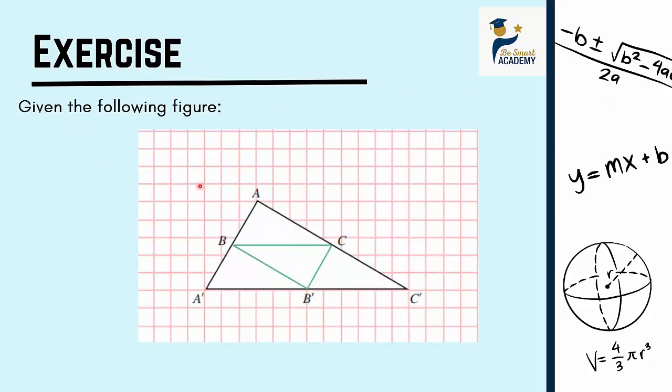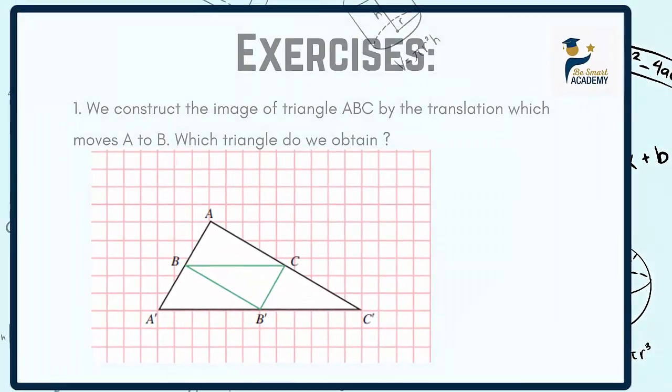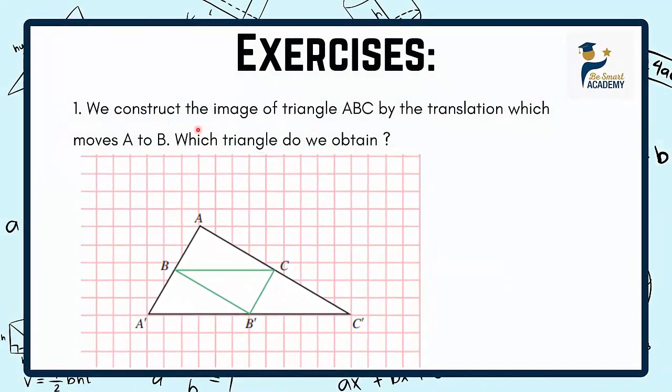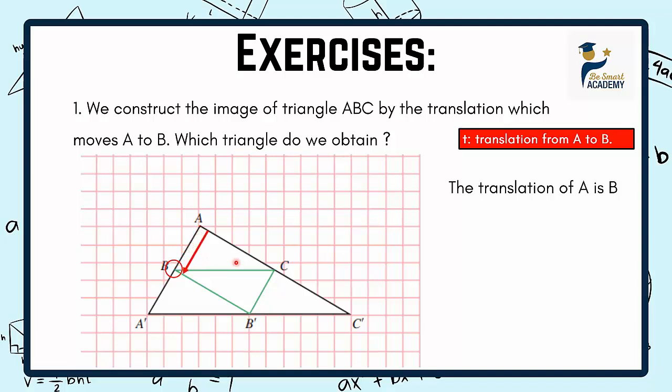Exercise 2. Given the following figure, ABC, A prime, B prime, C prime. We construct a triangle by moving A to B. Keeping in mind, translation is from A to B. So we start at A and end at B. Which triangle do we obtain? So if we started at A, point A is now B. Move this translation to C, C becomes B prime.